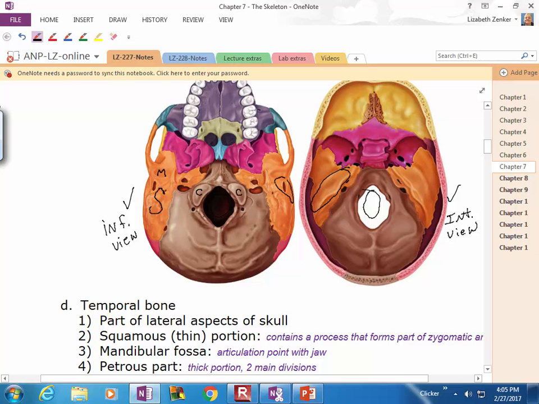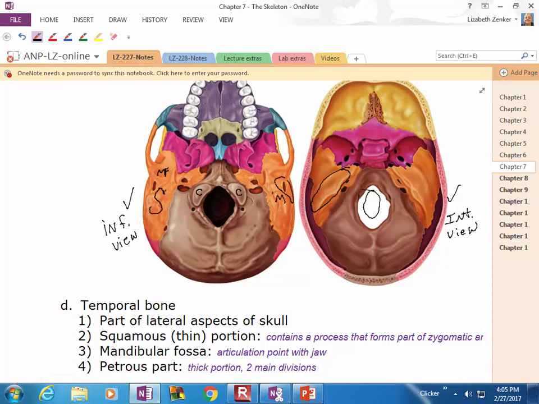So you can see it inferiorly as well as interiorly. And then we already talked about the mastoid region, which is the, I'll put MF for mandibular fossa on that other one, M for mastoid. And be sure when you're outlining things, you're outlining with your chenille stick, right? The whole bump, not just like, just touch it to the end of it.